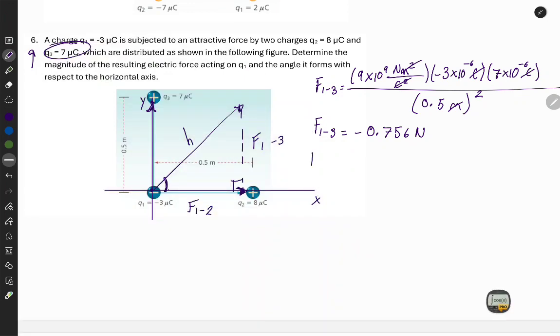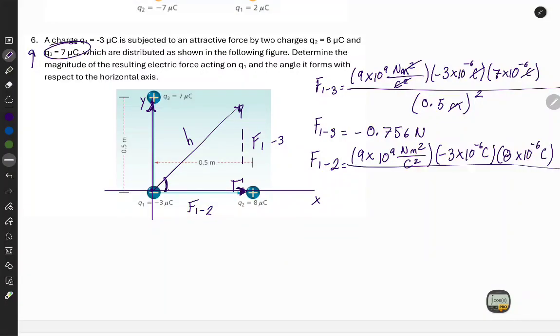Now we need to calculate the force between the charges 1 and 2. It's similar: 9 times 10 to the 9 newtons times square meters per square coulombs, times the charge number 1, minus 3 times 10 to the minus 6 coulombs, and then the charge number 2, 8 times 10 to the minus 6 coulombs, all divided by 0.5 meters squared.